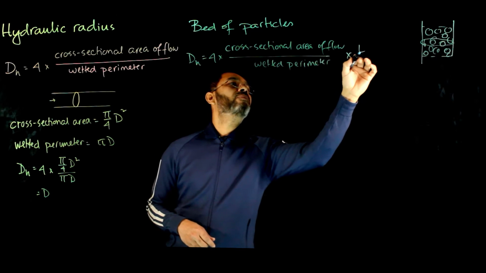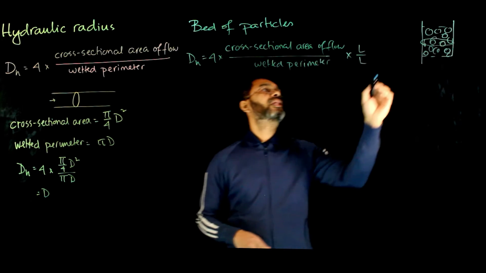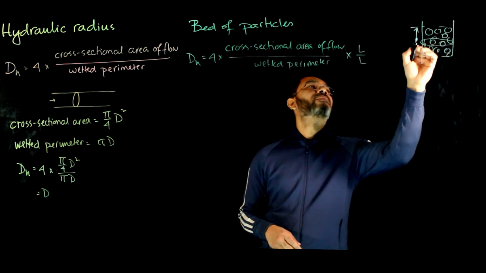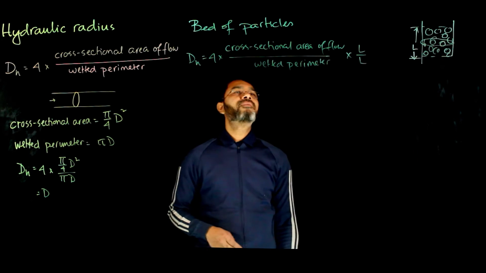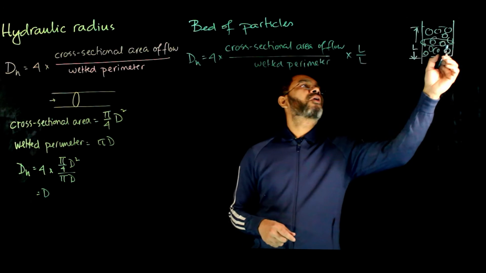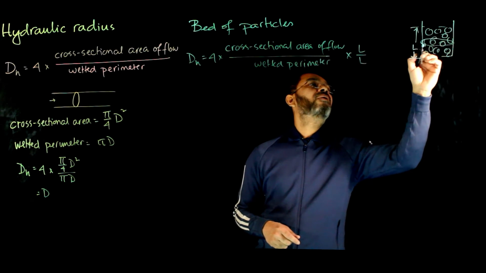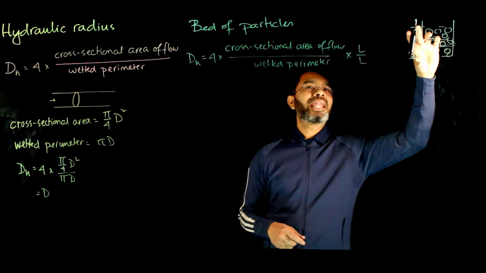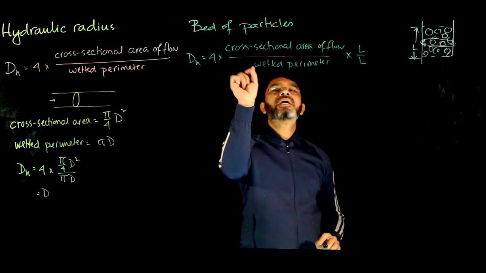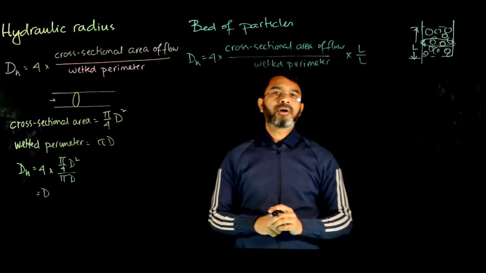We'll multiply both by L, the length of the bed. If the cross-sectional area of flow is some value, multiplying it by L will give us the empty volume available for flow.